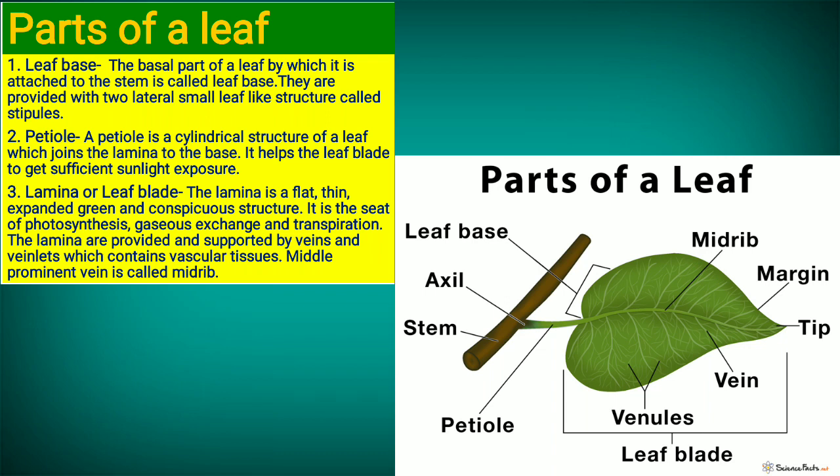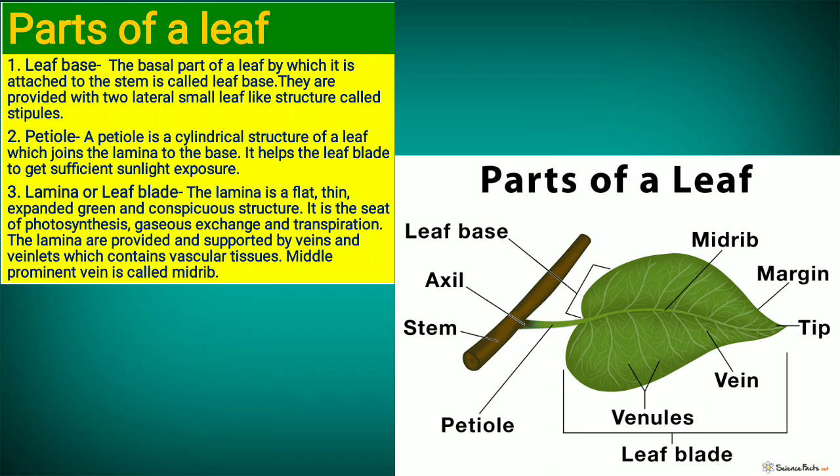They are provided with two lateral small leaf-like structures called stipules. The part of the stem from where the leaf develops is called the axil.